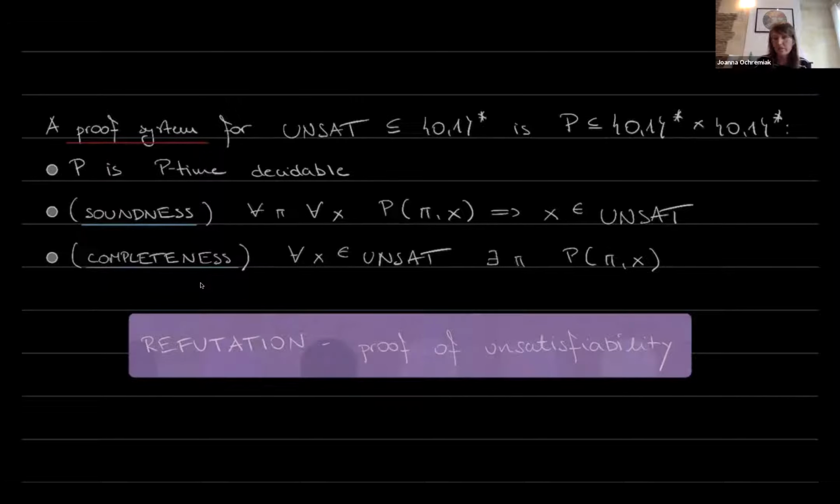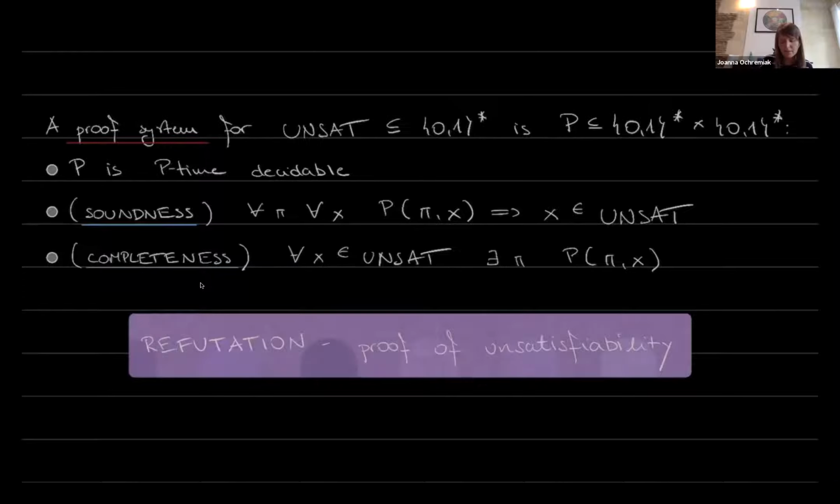It's a predicate, or you can think about it as a Turing machine, decidable in polynomial time, and it has two properties. Whenever this machine accepts a pair of strings, a candidate proof and an encoding of a propositional formula, then this means that indeed X is unsatisfiable. So whenever we have a proof, then X is unsatisfiable.